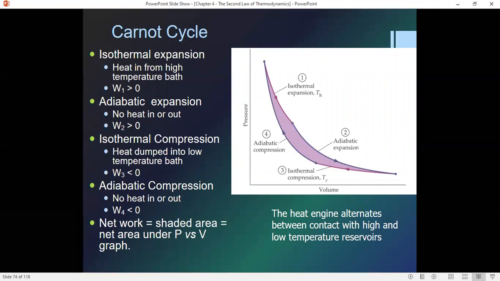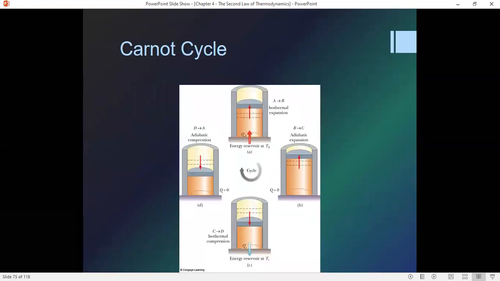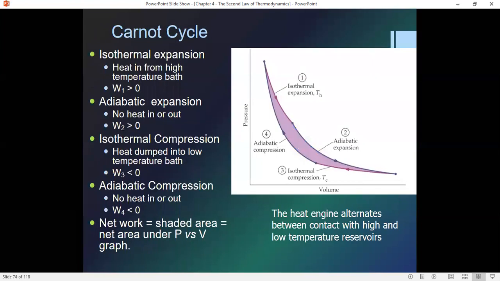Now, again, the Carnot cycle, we can picture it a number of different ways, thinking about what's happening with the heat. The first part, we're doing isothermal expansion, and we're adding heat during this expansion. Then part two, there's no heat added.